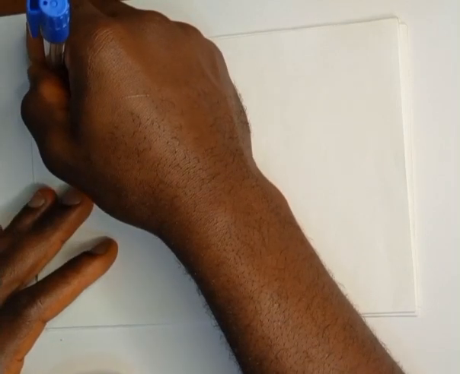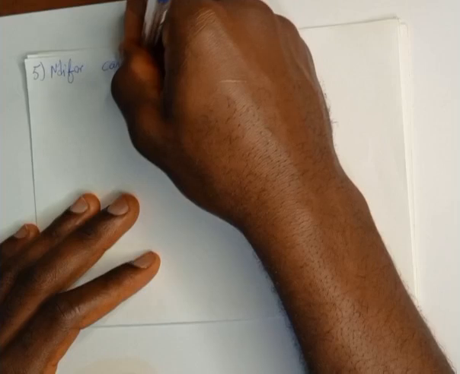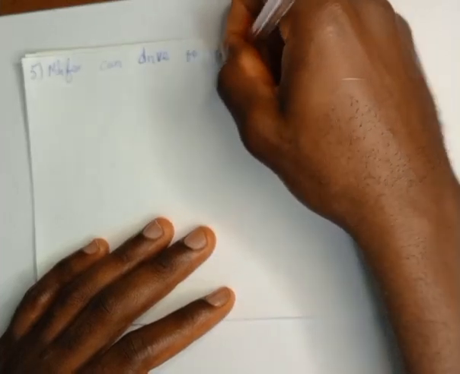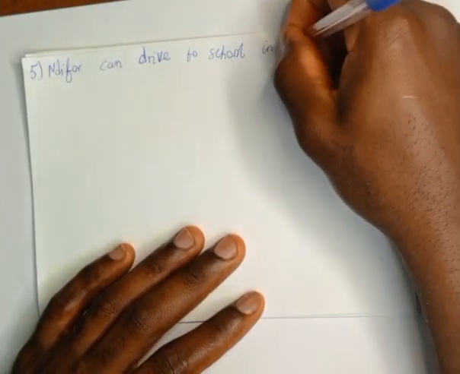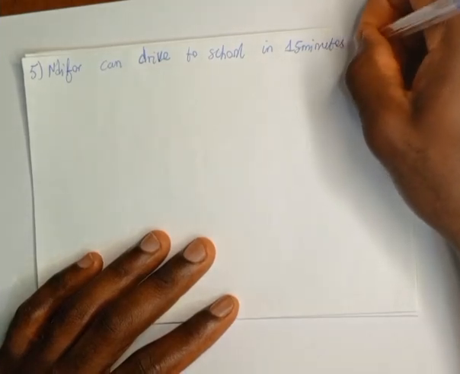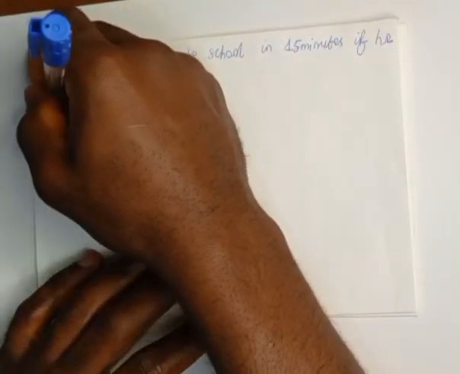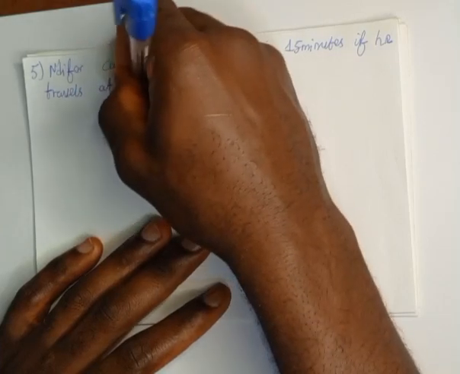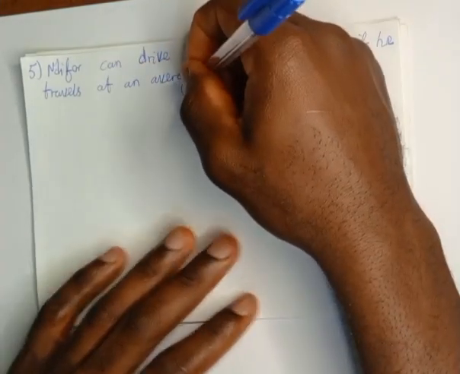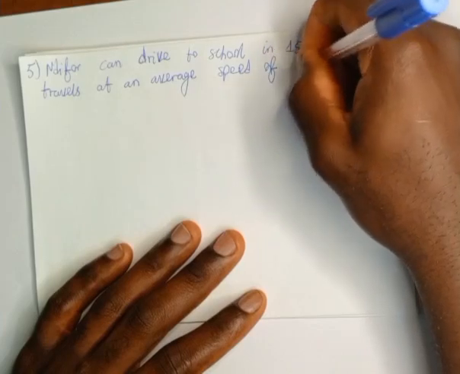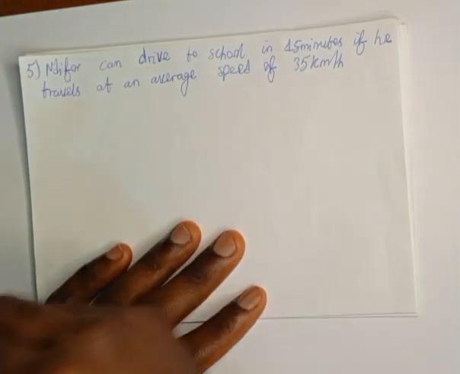Go now to question 5. Question 5 says D4 can drive to school in 15 minutes if he travels at an average speed of 35 kilometers per hour.